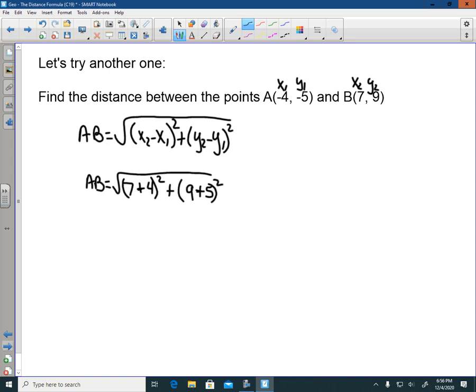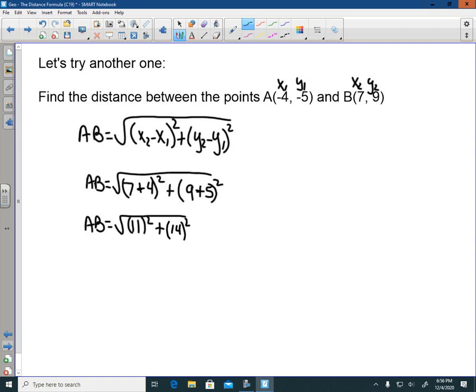Remember, subtracting a negative turns it into addition. So now that we've plugged those numbers in, we can simplify within the parentheses. The distance between A and B is going to be equal to the square root of 7 plus 4, which is 11. Don't forget you got to square it. Plus 9 plus 5, which is 14.